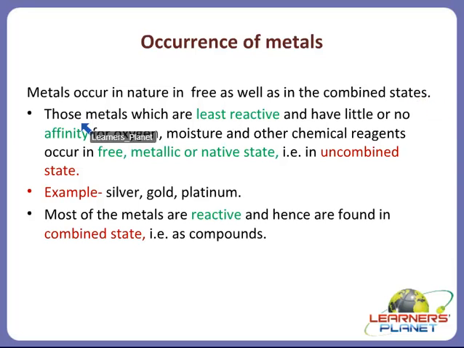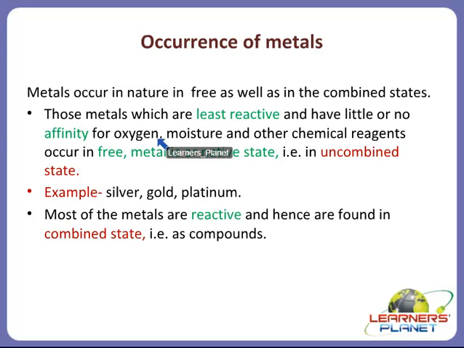Now those metals which are least reactive and have little or no affinity for oxygen, that is, which metals are least reactive, children? The least reactive metals: gold, platinum, silver. What are these metals? These are least reactive metals, right?